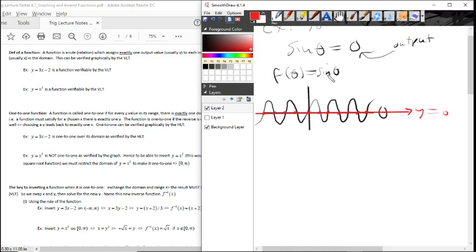Does the curve f of theta equals sine theta pass the horizontal line test? The answer is no. It fails miserably. Determining whether this function is invertible, any horizontal line we draw can only cross the graph at most one time in order to pass the test. How many times does it cross here? Infinitely many times. We have infinitely many solutions. There are an uncountable number of solutions to this equation.